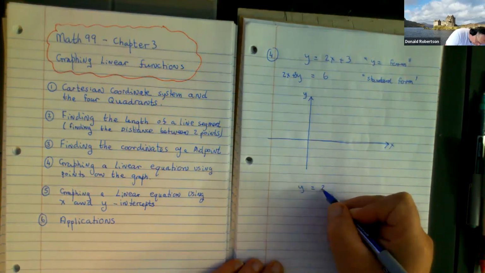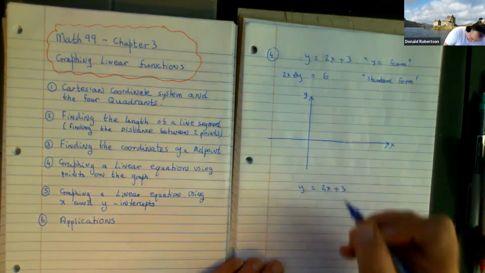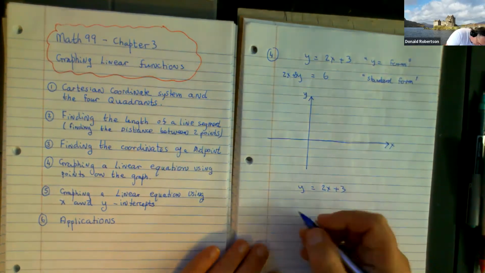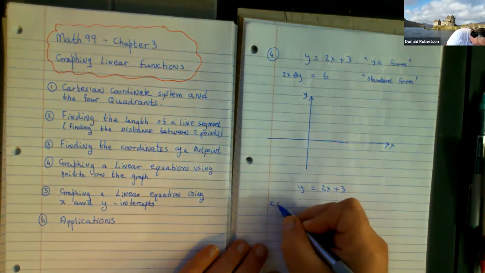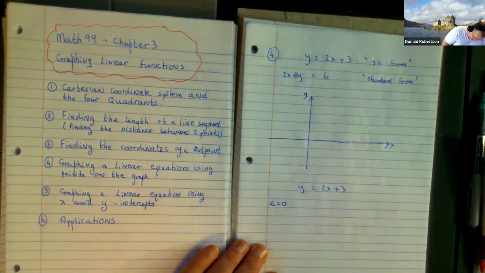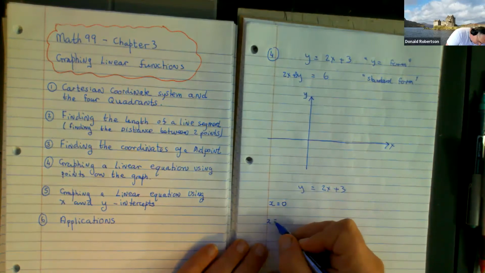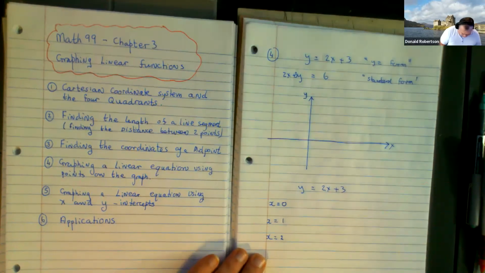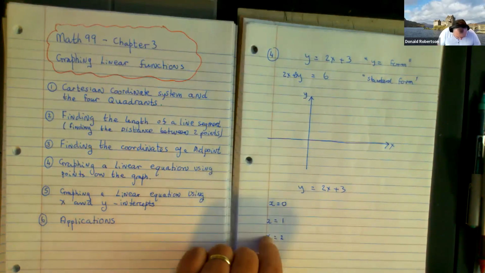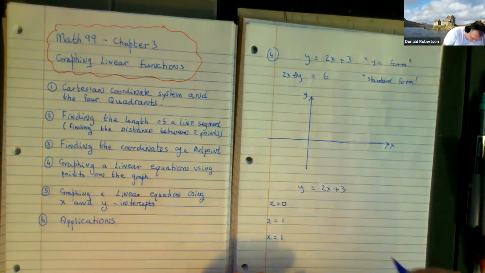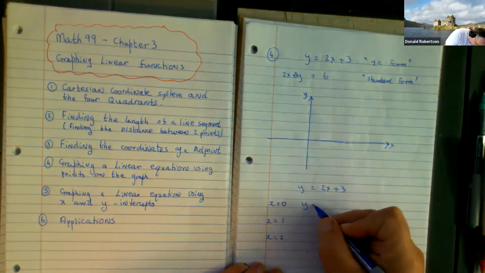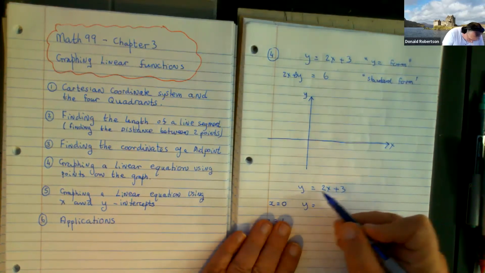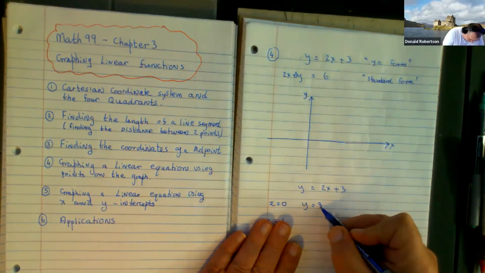y equals 2x add 3. Well, all you need to do is choose some x coordinates. So I'm going to choose x as 0, x as 1, and then x equals 2. For each x value, I can now calculate what the y coordinate would be. When x is 0, the y coordinate would be 2 lots of nothing add 3.